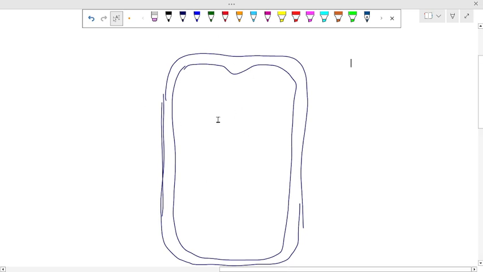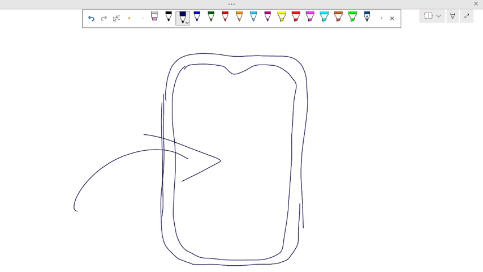Now the thing is this: when you are interacting with the mobile phone, you need to do something. Maybe you take an action, you touch somewhere on the screen, you say something like a voice recording. Consider that as input.